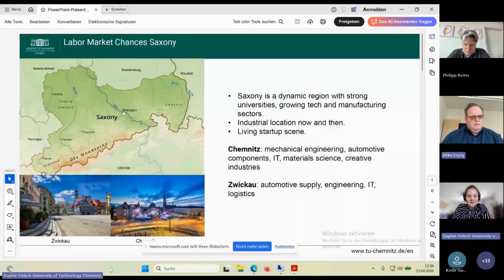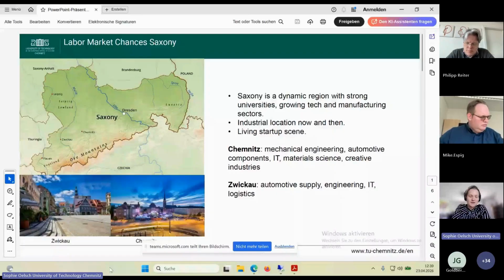You already have seen a map about Saxony, where Saxony is located. Just here in short, Saxony is a very dynamic region with strong universities like in Chemnitz or in Zwickau, like you already heard. But Saxony is also a dynamic and growing tech region, and it's particularly strong in manufacturing sectors.